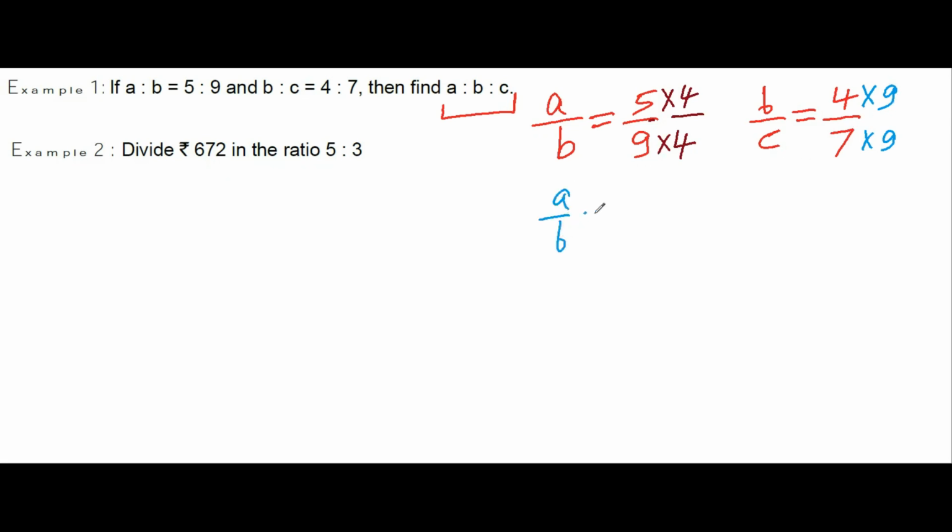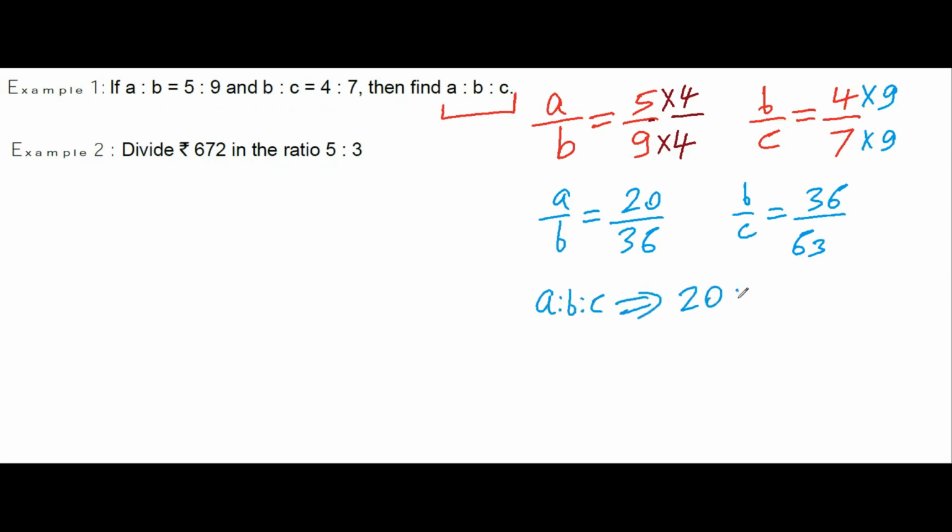So what I will get, a by b, 5 4s are 20 and 9 4s are 36. Similarly, b by c, I will get 4 9s are 36 and 7 9s are 63. So a is to b is to c will be 20 is to 36 is to 63. This will be your answer of solved example number 1.